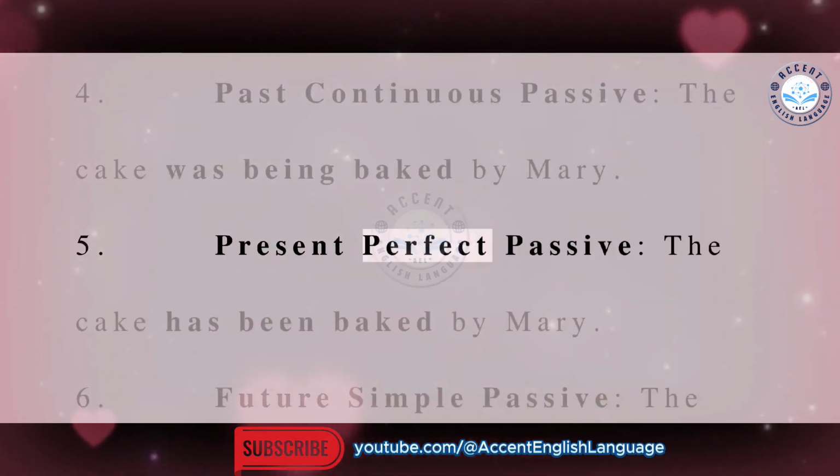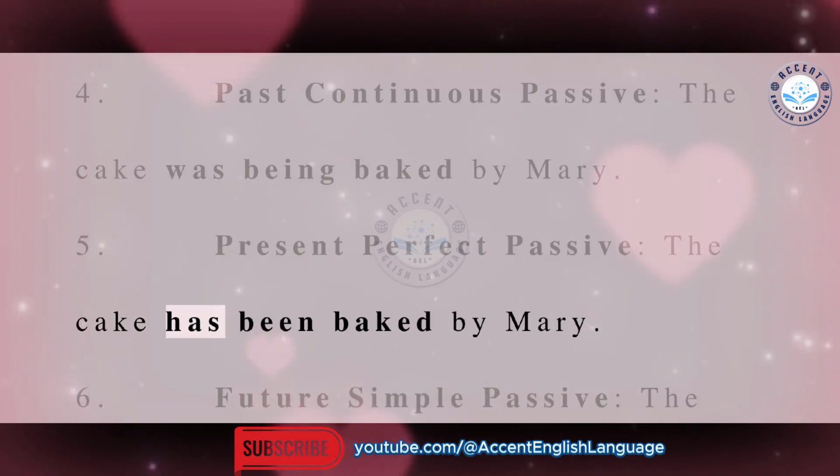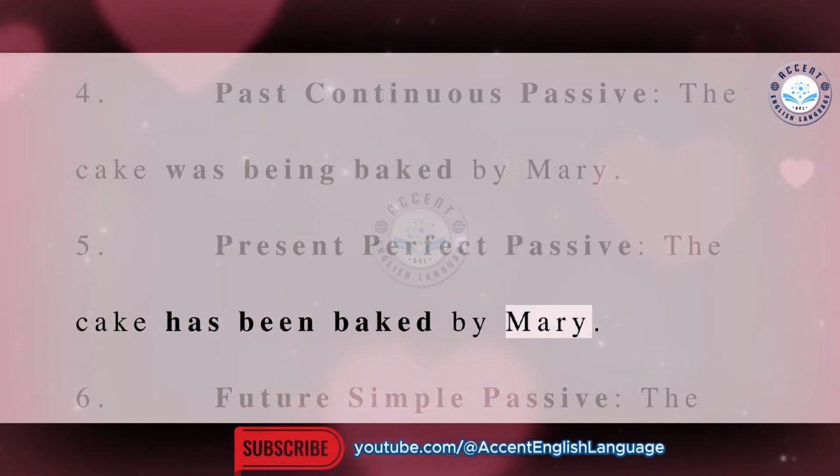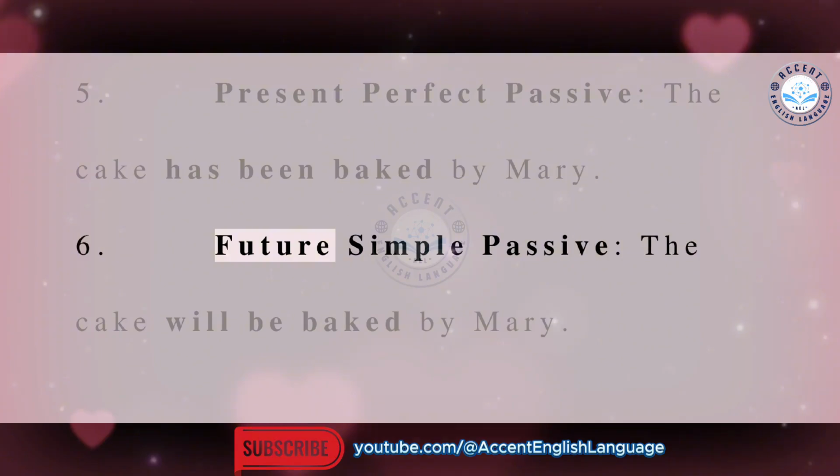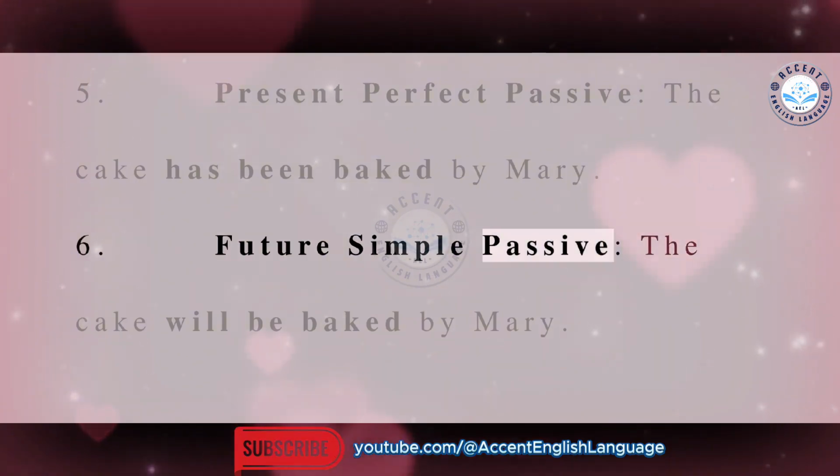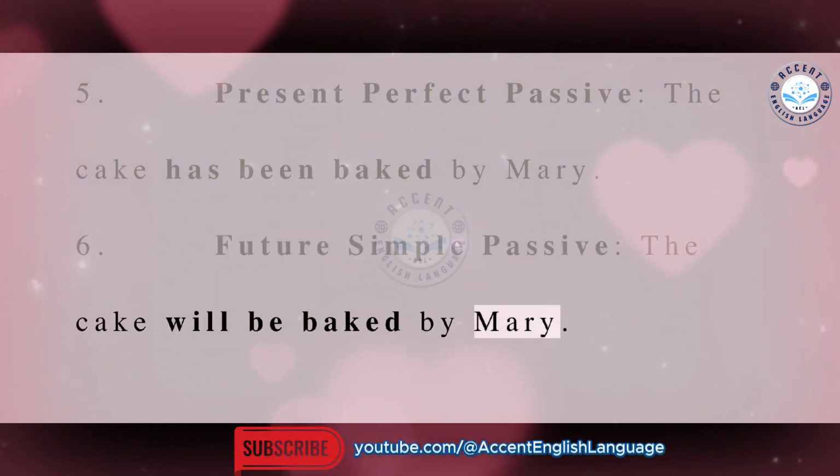5. Present perfect passive: The cake has been baked by Mary. 6. Future simple passive: The cake will be baked by Mary.